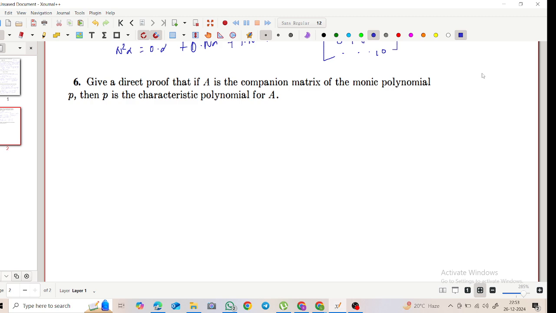So we will have to show that the characteristic polynomial is the same polynomial. Okay. So first let p(x) be a0 plus a1 x up to a(n-1) x to the power n minus 1 plus an x^n, sorry.